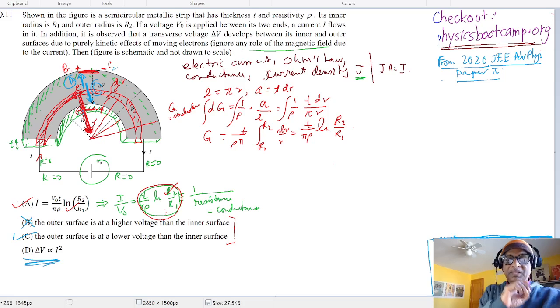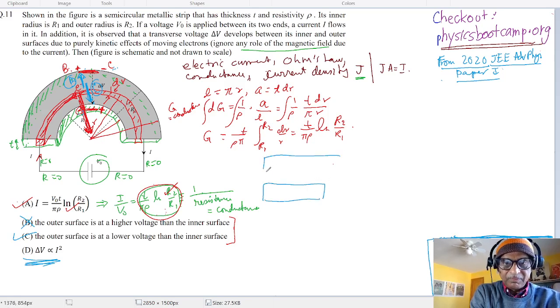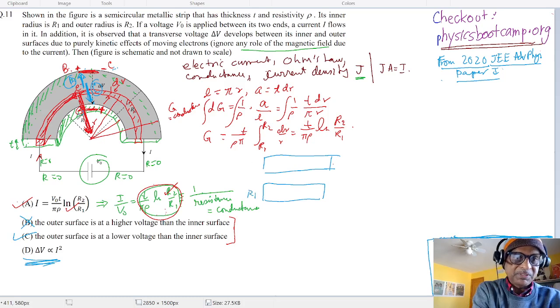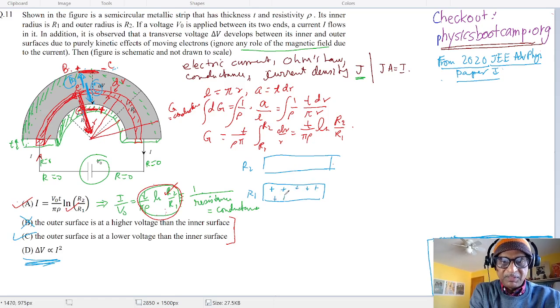Now how do we solve the last part? We are going to use some kind of averaging. Say you had two plates, the R1 surface plate and the R2 surface plate, positive on one and negative on the other.